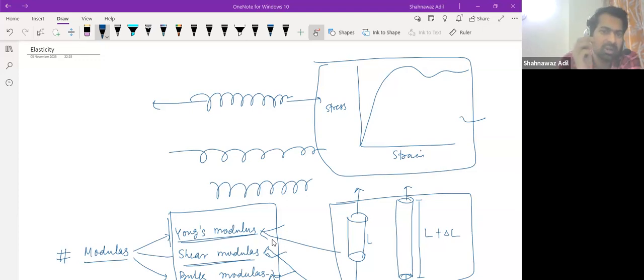Gravitation is the smaller chapter, but as compared to solid and fluids, that is a very big distribution of marks. So they are focusing on the fluid part.